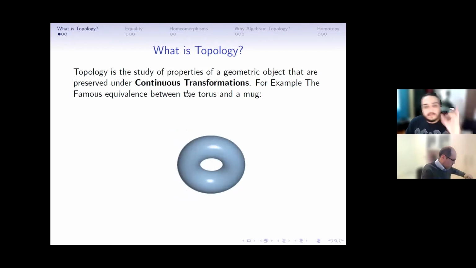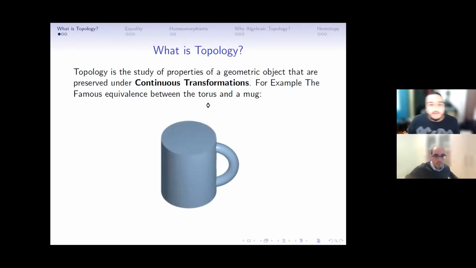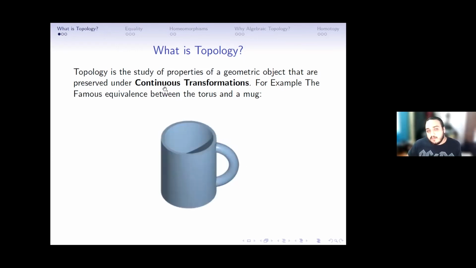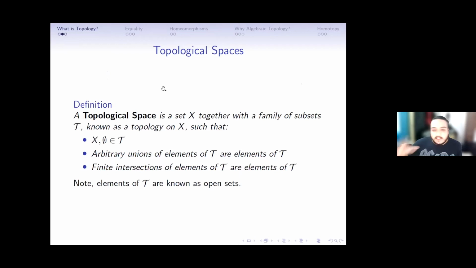And I think the key thing that we study in topology is something called the topological space. Now, this is the formal definition. A topological space is just a space with a family of subsets that we'd like to call open.